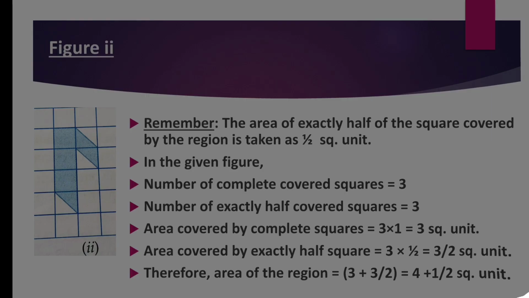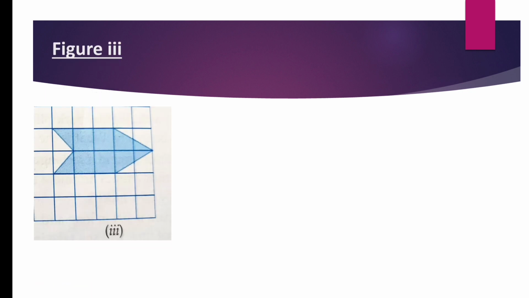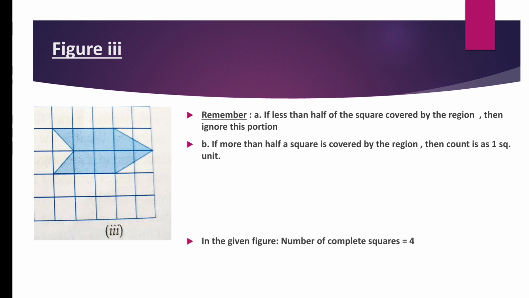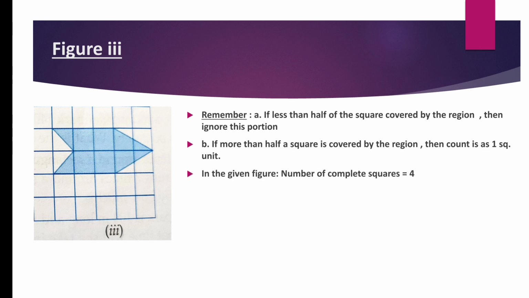Now let us see the third figure. The point that you will remember is, if less than half of the square is covered by the region, then ignore this portion. And if more than half of a square is covered by the region, then count it as 1 square unit. Now in the given figure, number of complete squares is equal to 4. Number of more than half covered squares is equal to 2.